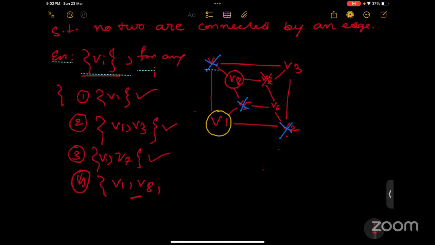V6 can be added here, and V3 also can be added. So this is an independent set of 4 vertices. Can you construct any other example with 4 vertices?